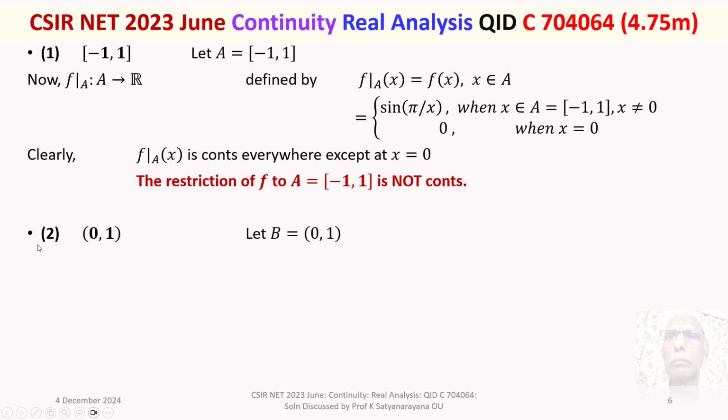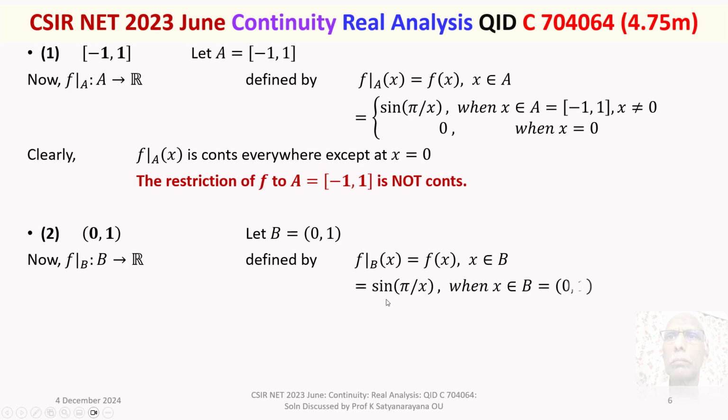Right. Let us take up option 2. This time the open interval 0 to 1. Let us call this the set capital B. Now f restricted to B is a map from B to R defined by f restricted to B of x is equal to f of x, x belongs to B. This is equal to sin of pi by x when x belongs to B. B is the open interval 0 to 1 and 0 is not involved here.